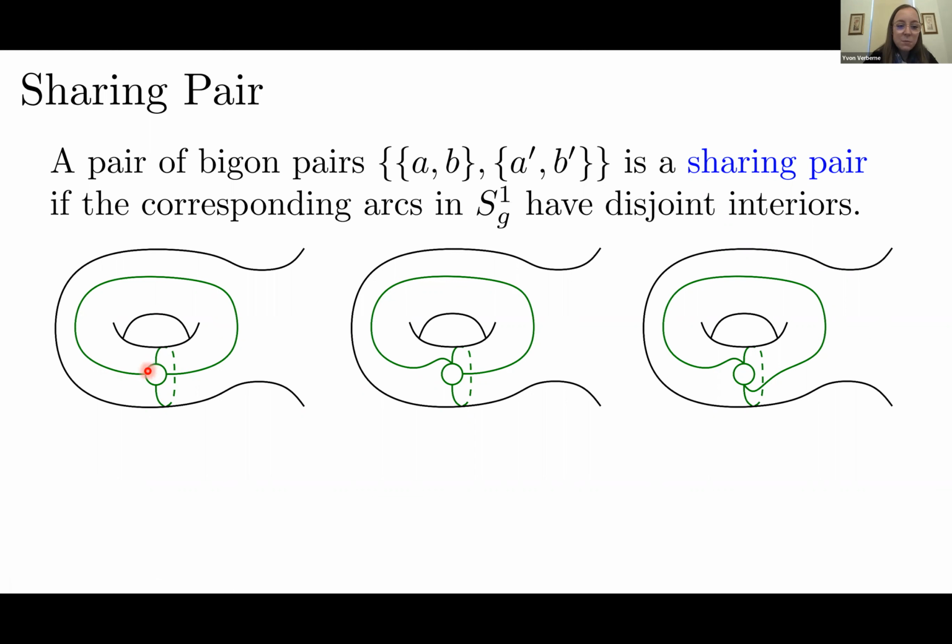Notice that if I take a small neighborhood around this inessential curve that's defined, it breaks it up into two different arcs. And this holds true for each of these examples, even the ones that go tangentially towards the same point on the inessential curve, because by taking this small neighborhood, it breaks it up into two different arcs.